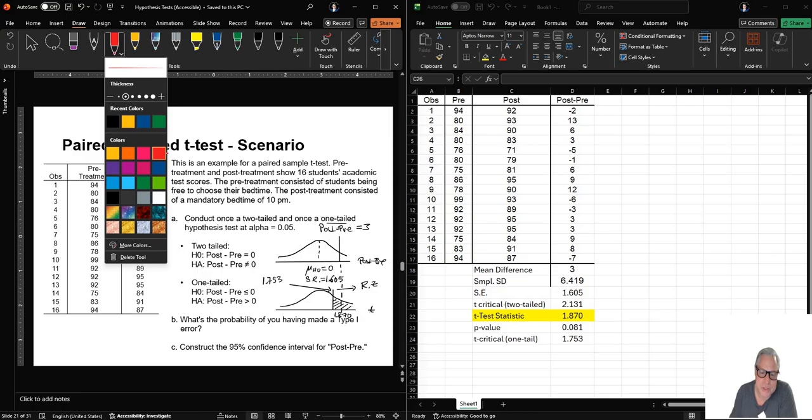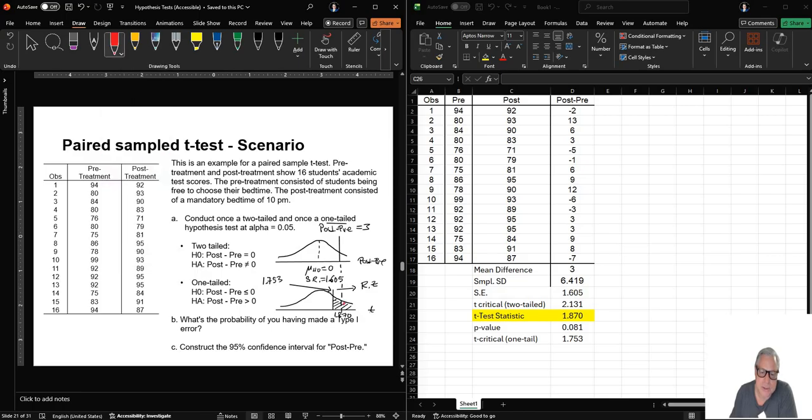There is still a chance in this one-tail test, and I'll make this red area, everything to the right of this 1.87 t-score. That probability is the probability that we made a type 1 error.